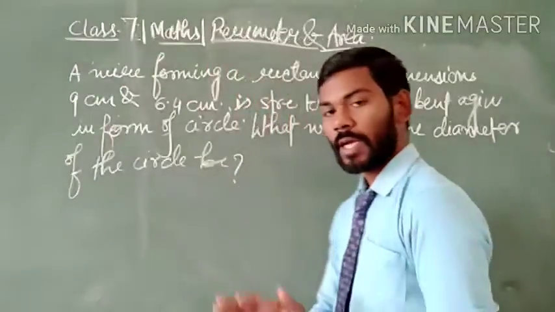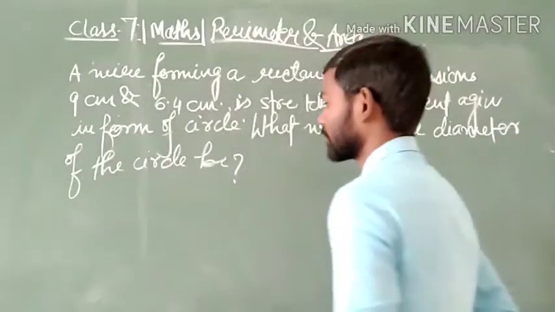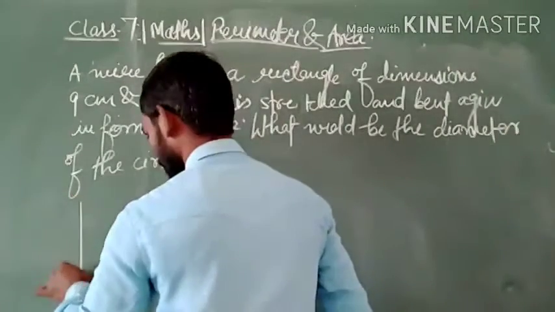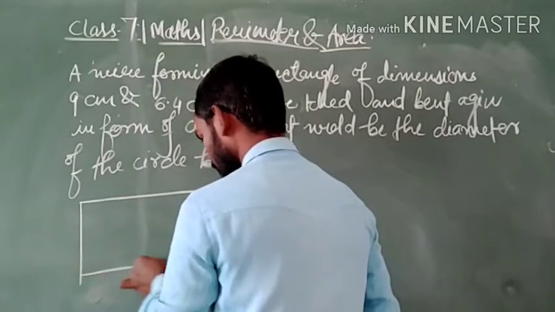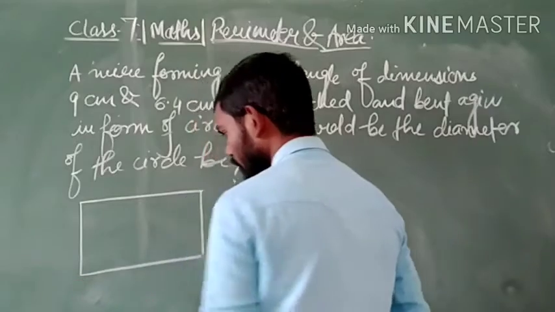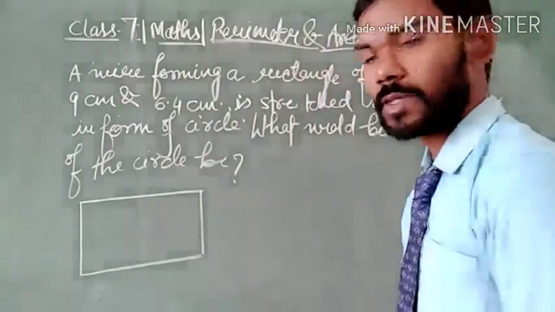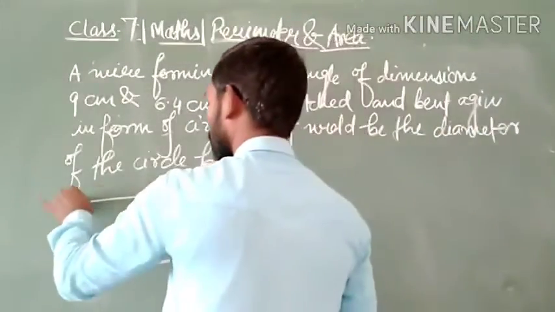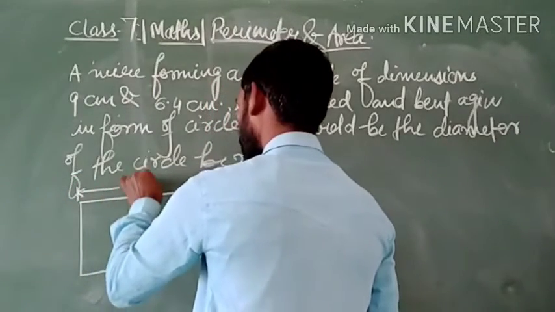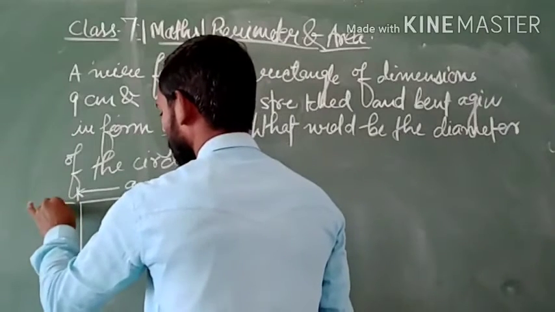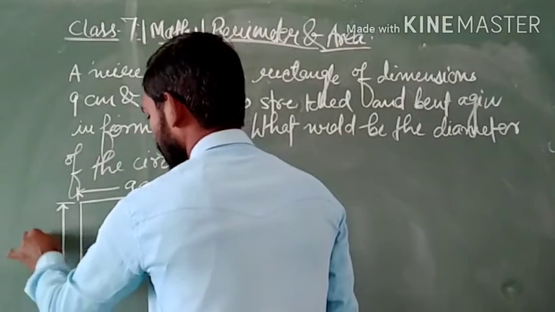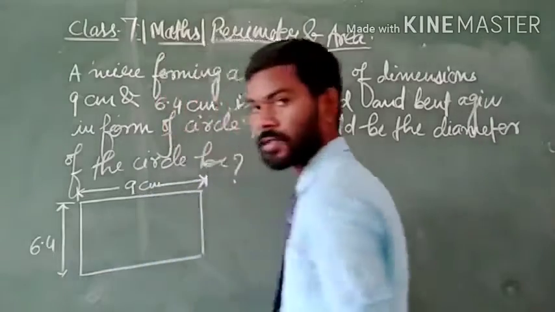Now stop here and draw a rectangle. This is the rectangle which has a length of 9 centimeter and width of 6.4 centimeter.